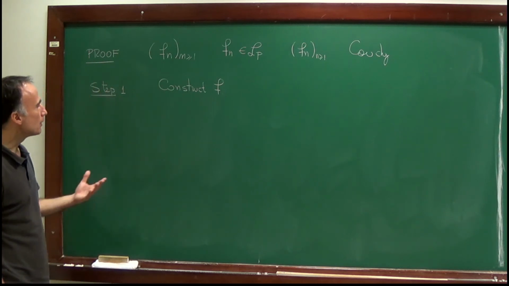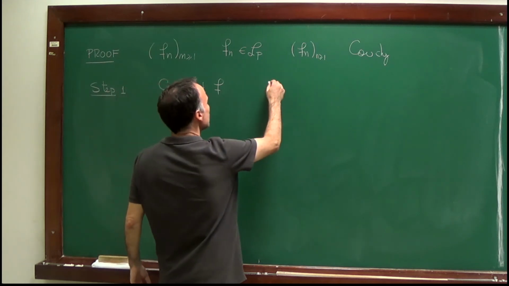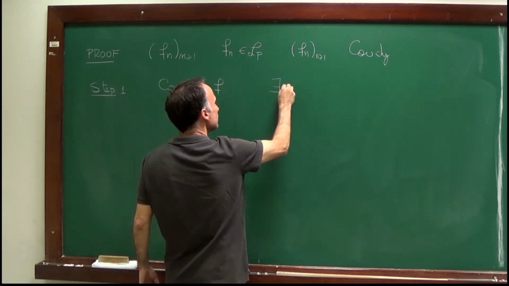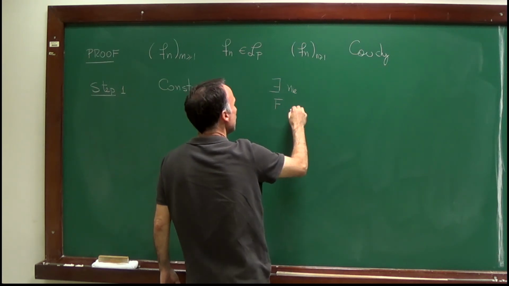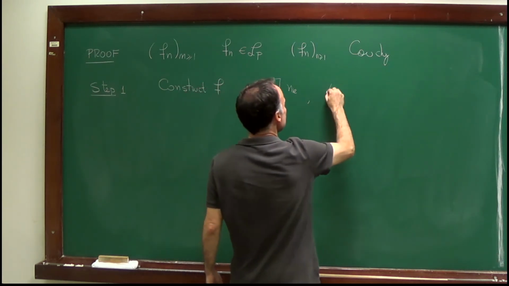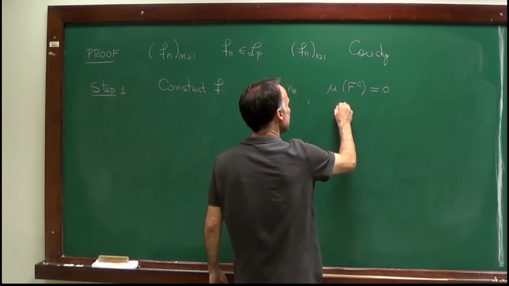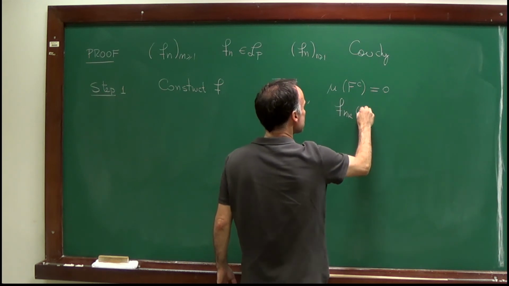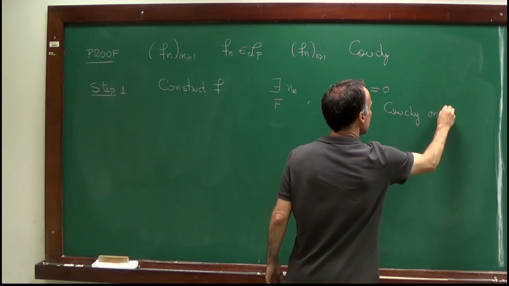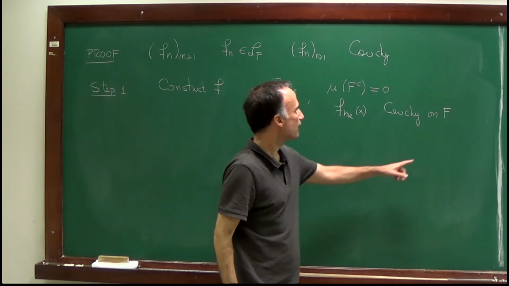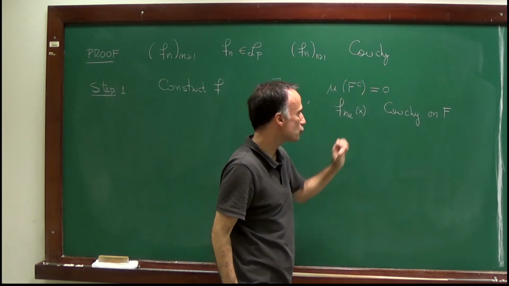And for that, the main idea will be to show that we can construct a subsequence nk and a set F such that the measure of F complement is 0 and that Fnk of x is Cauchy on F, which means that for all points x in F, the sequence Fnk of x is Cauchy.